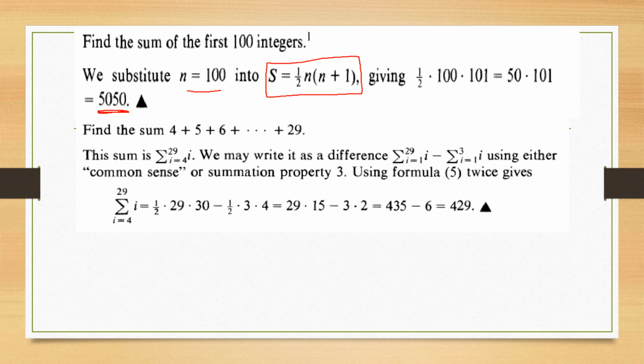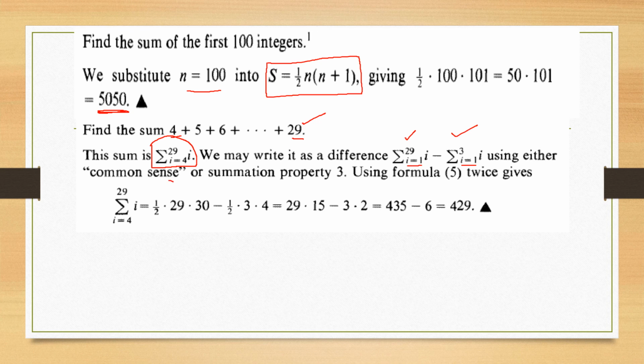Find the sum of these terms. If we have to find the sum from 4 to 29, we can write it in this form: summation of i, where i varies from 4 to 29. We can write it as, if we vary i from 1 to 29, then we have to subtract the sum of i from 1 to 3.